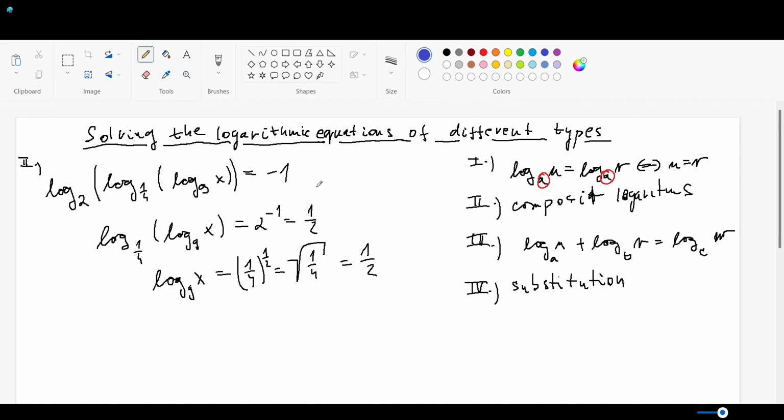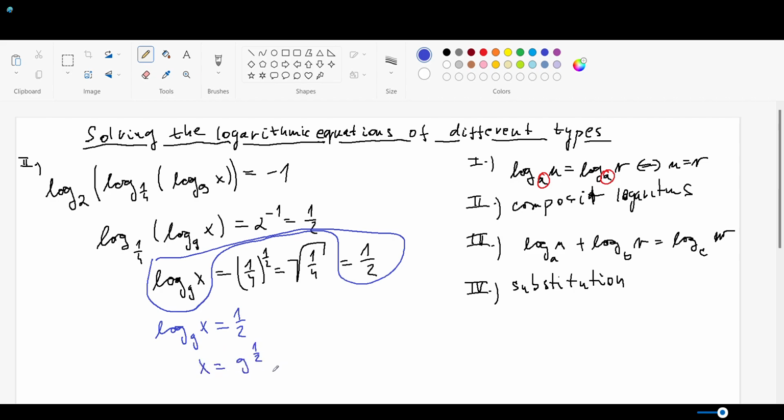So now we have a very simple equation like this one, and it means logarithm base 9 of x is equal to 1/2, which means again we apply the same rule or the definition of the logarithm, which says x is equal to 9 to the power of 1/2, which is the square root of 9, which is equal to the number 3.